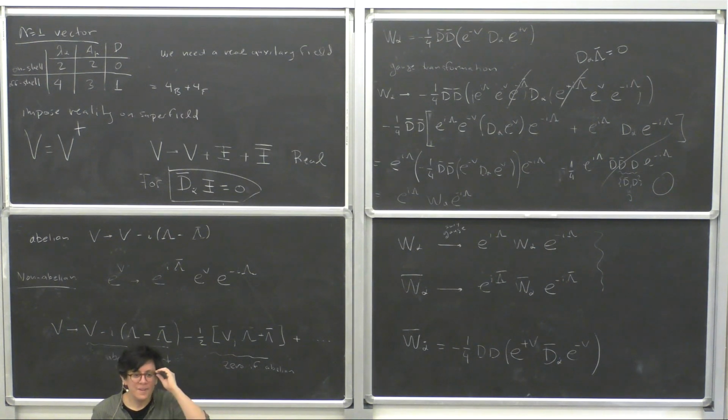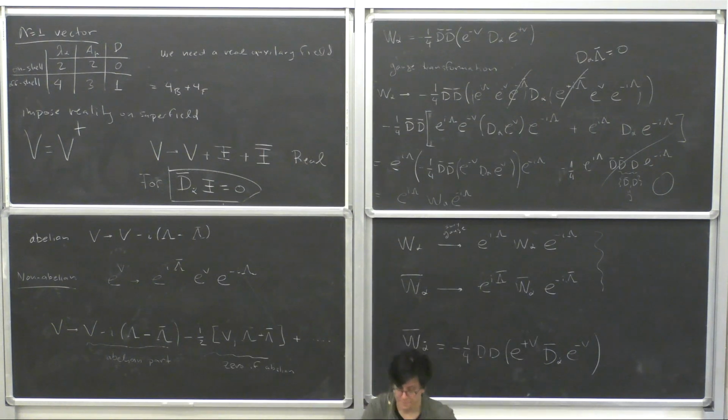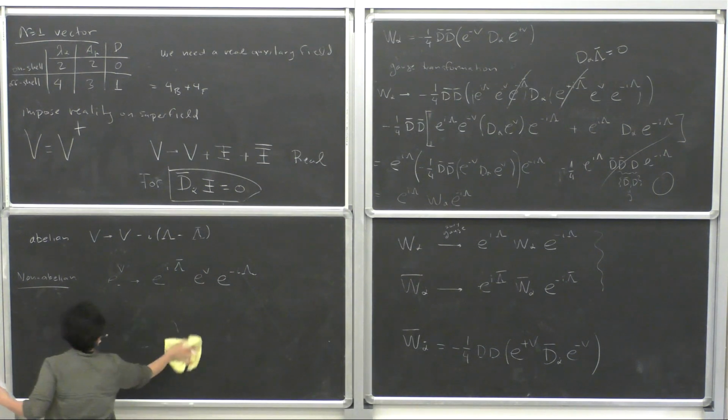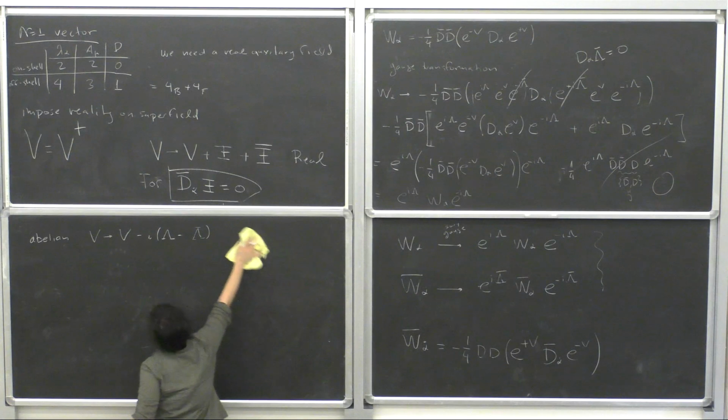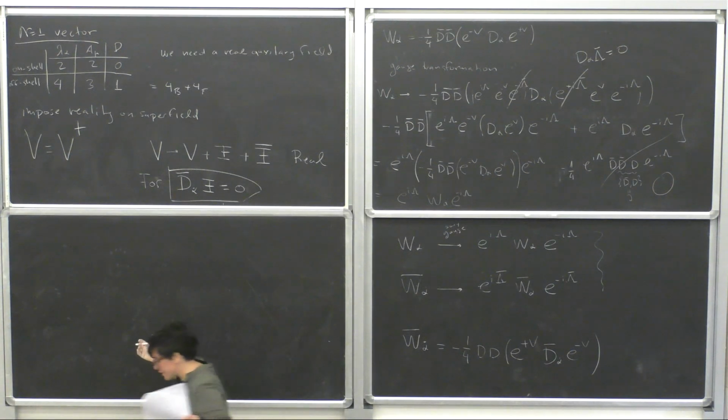Okay, now let's recall very quickly, when we have a non-abelian F mu nu, how does it transform? It transforms with a U from the one side and a U minus 1 from the other side, right? Basically, what I'm trying to say is that for the same reason, W alpha is also gauge invariant.